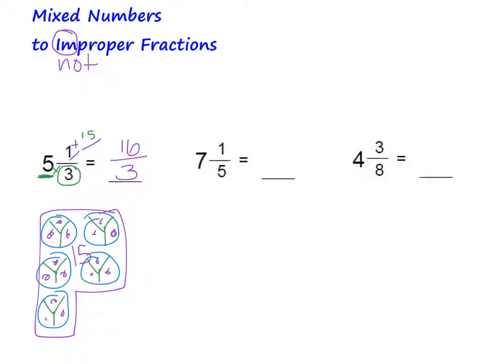But I'd have to have another pizza cut into 3 slices, but this numerator tells me I only get one of those slices. So I'd take the 15 from the whole pizzas, add it together with that one slice, and I'd have 16 slices of pizzas that have been cut into thirds.